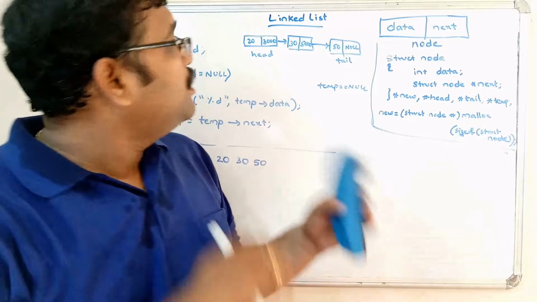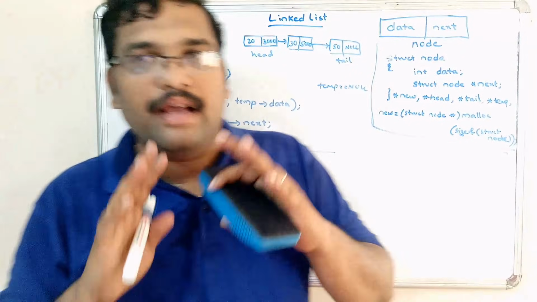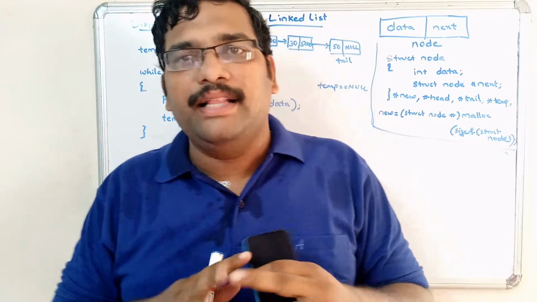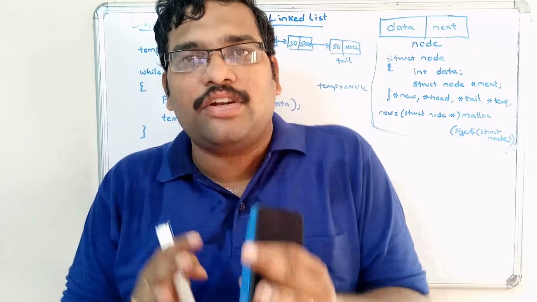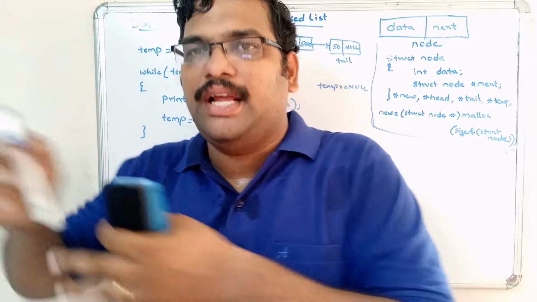Hope you understood. We have covered the list introduction, how to create a list and how to display the list. We'll stop here, and in the next session we will go with the insertion of an element in different positions: at the beginning, at the middle position, at the ending position.